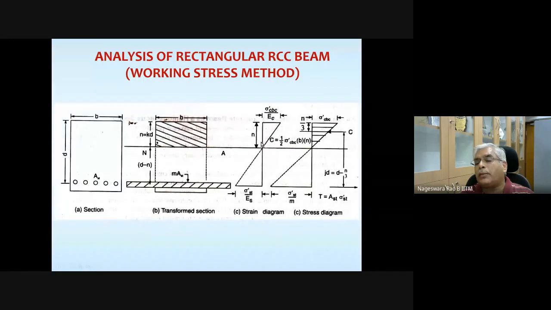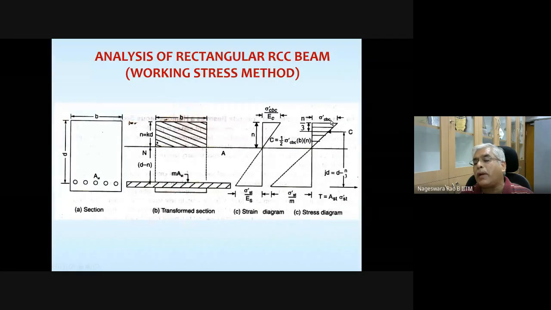This triangular stress distribution is acting over this area. So what is the total compressive force? Total compressive force is obtained from B times N, the area on which this compressive stress is acting, and this compressive stress is varying from 0 to some value here, sigma CBC prime.